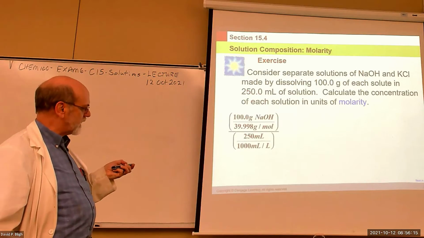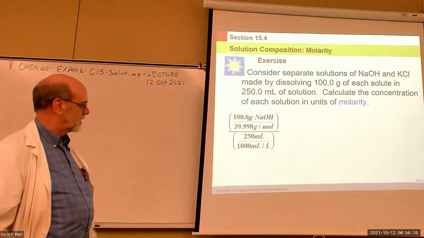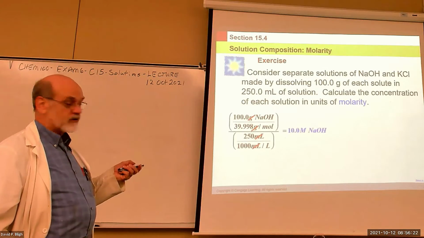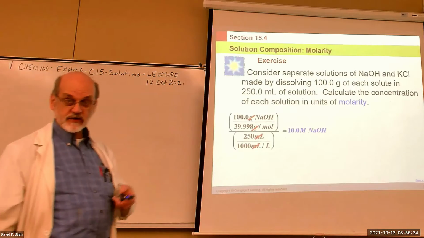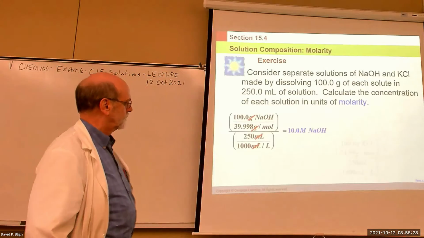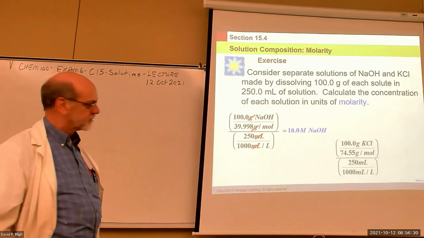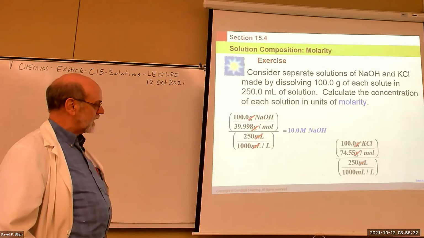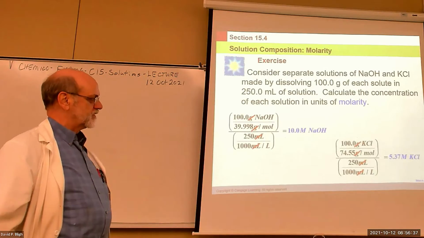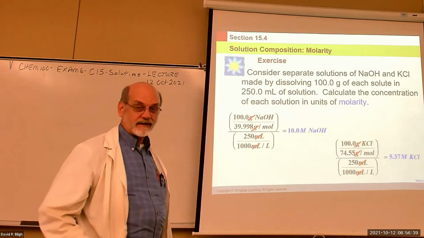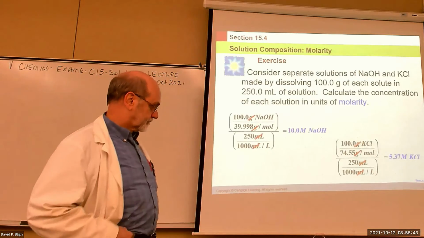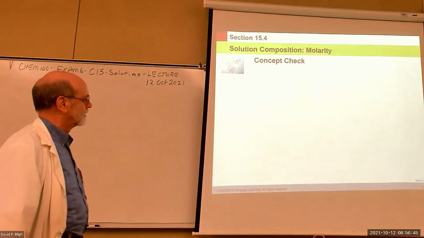That's what these two values are doing. It turns out sodium hydroxide is 10 molar, which is extremely concentrated and dangerous. It's very corrosive. And this one for potassium chloride is fairly concentrated, but not quite as concentrated as sodium hydroxide. All right.